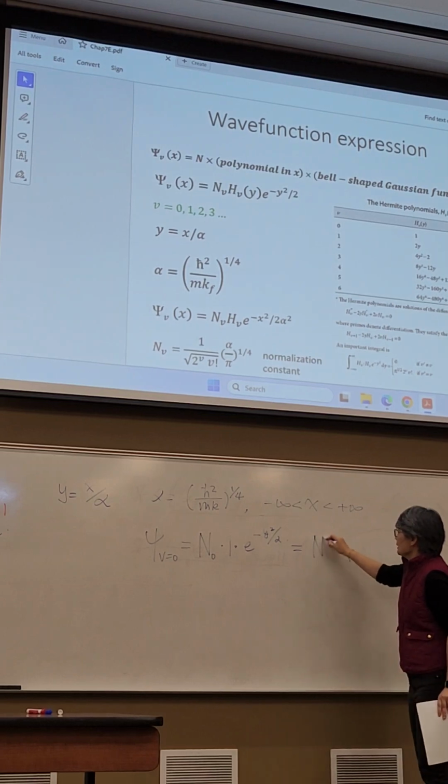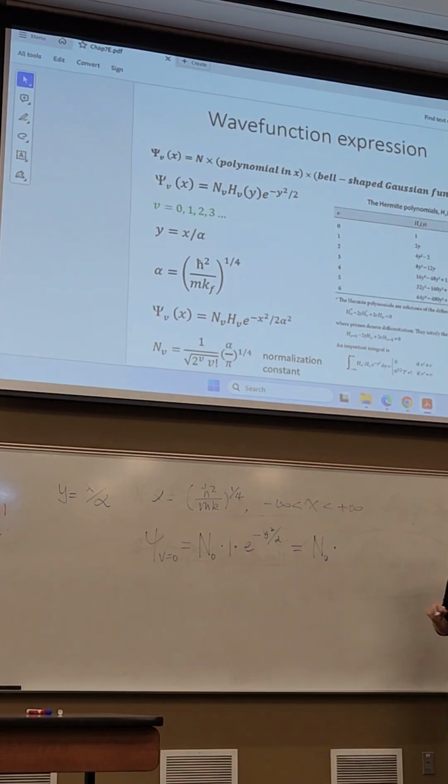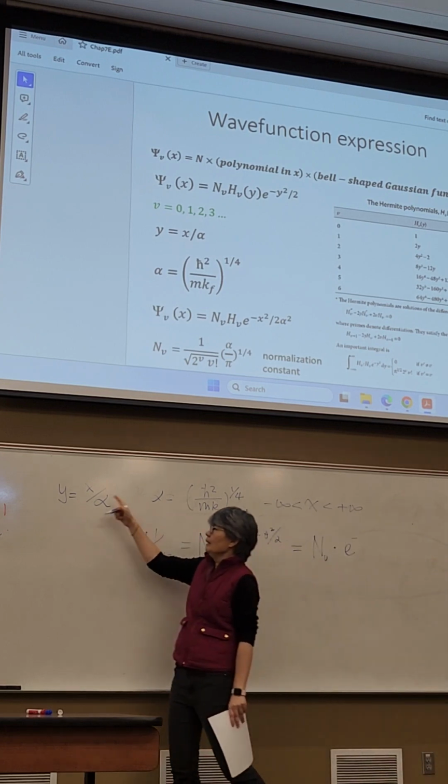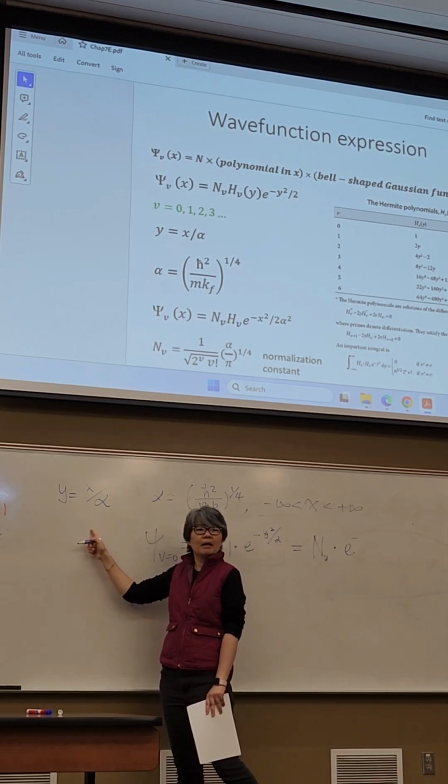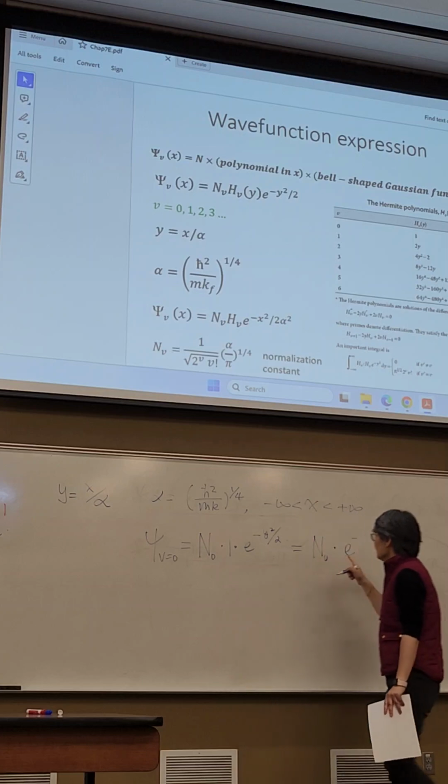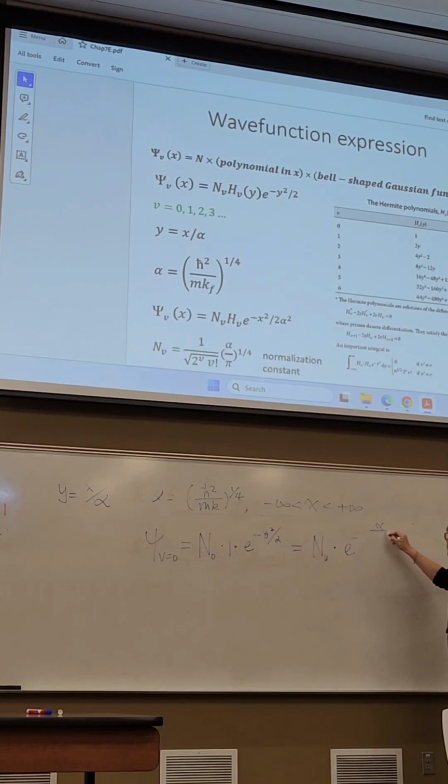So in that case, your normalization constant times, so y equals x divided by alpha. So I can substitute this here. Any questions on that?